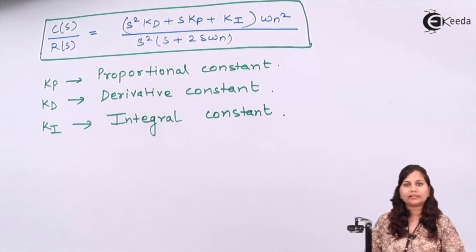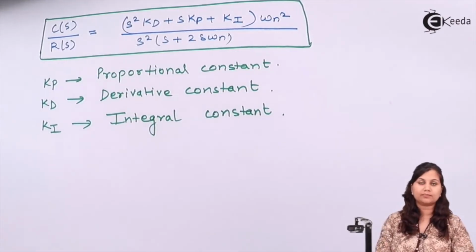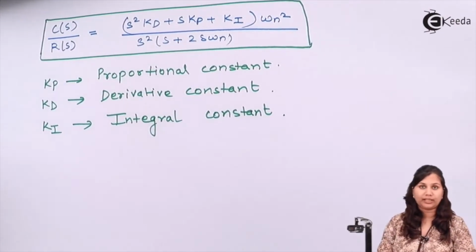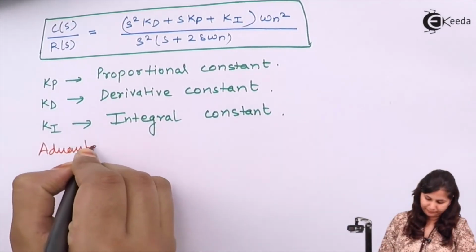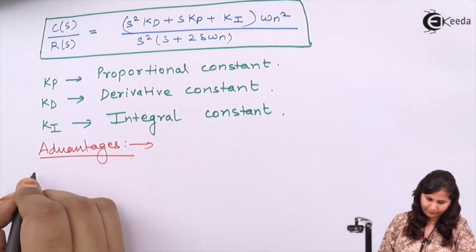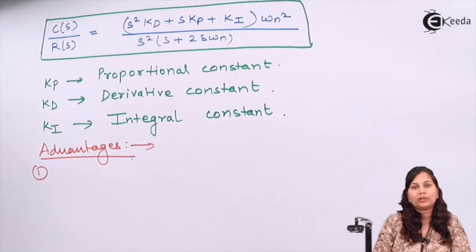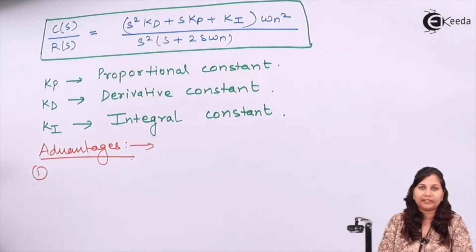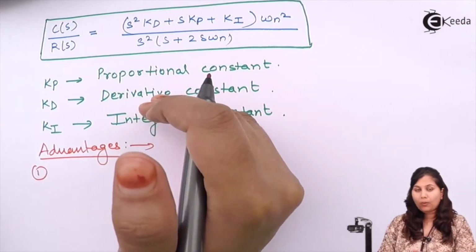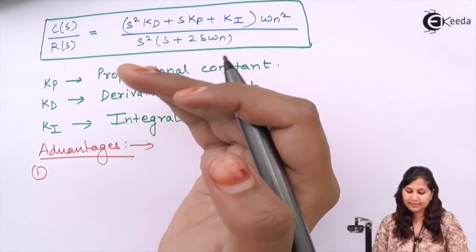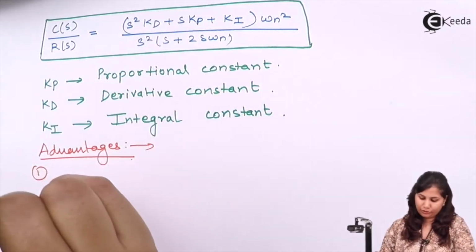Now, what are the advantages of the PID controller? Why is it used in the control systems most of the time? Okay, so the advantages are: the first advantage is that it has the advantages of all the proportional, integral, and derivative controllers because it is the combination of these three. So all the advantages of these three controllers are combined in the PID controller.